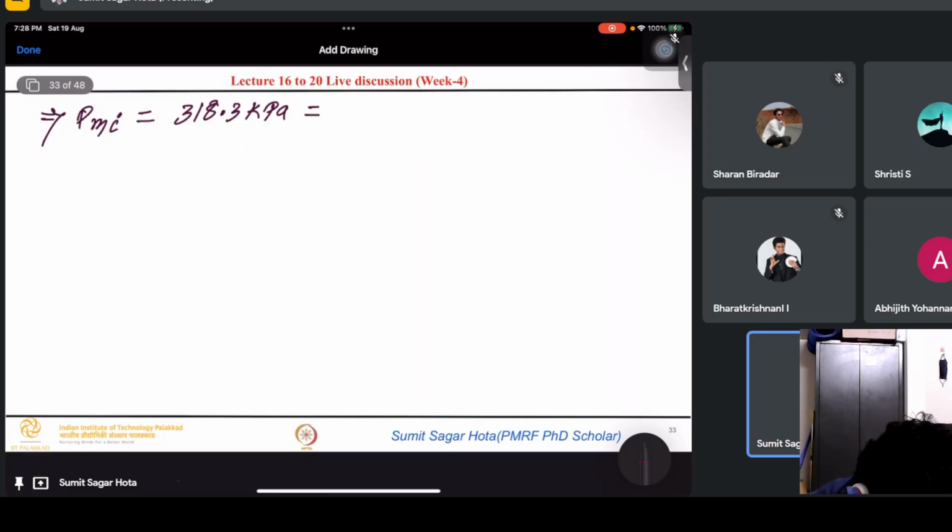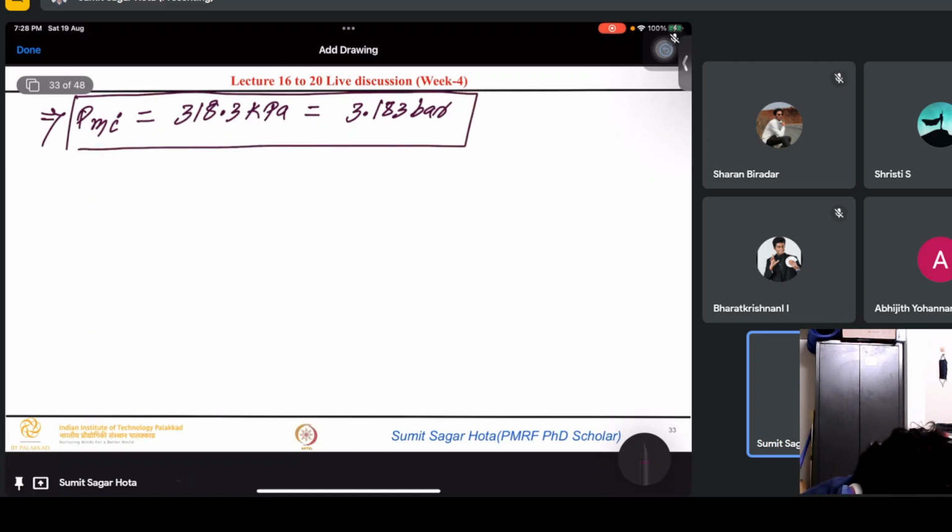And 1 bar equals 100 kilopascal, that's the reason we convert it to bar. Sometimes in the question they ask in terms of bar.